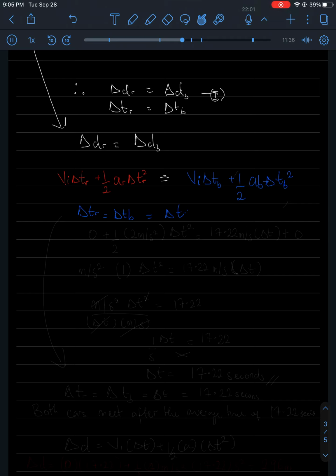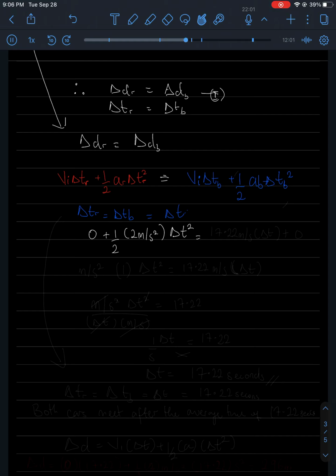Because the initial velocity here is 0, this all turns to 0, so we have 0 plus 1 over 2. Its acceleration we know is 2 meters per second squared. We're looking for change in time, so delta t squared.